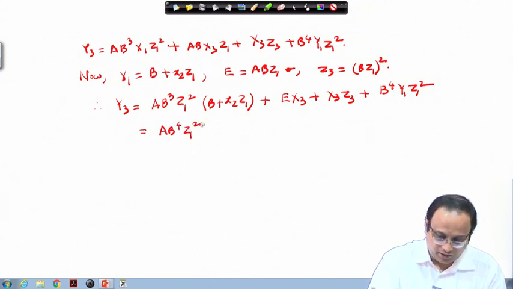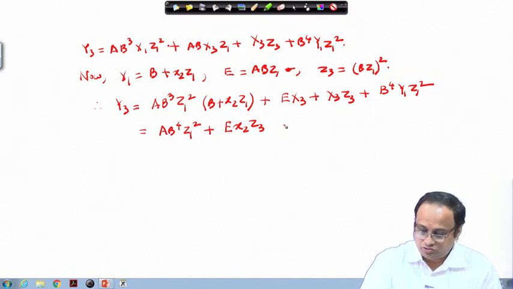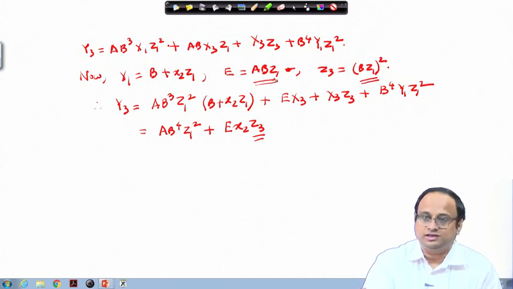plus E x2 z3, because you know that z3 is equal to b square z1 squared. So, therefore, you can get it from here, and you can also plug in E equal to a b z1.